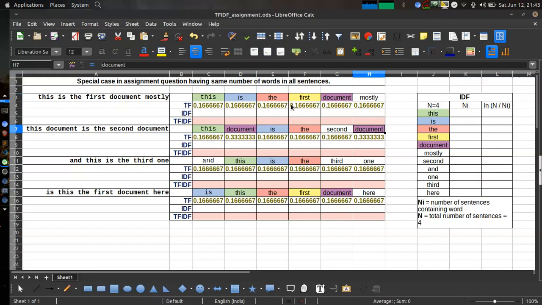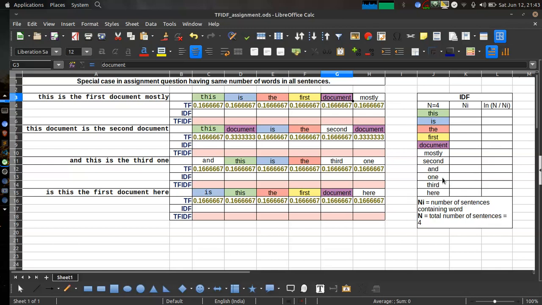If you take the example of, let's say, "document", it is occurring in 1, 2 and 3 sentences, right? Don't count this 1, 2, 3, 4, right? See, IDF is calculated on the whole corpus. We need to count the sentences, not the occurrences.